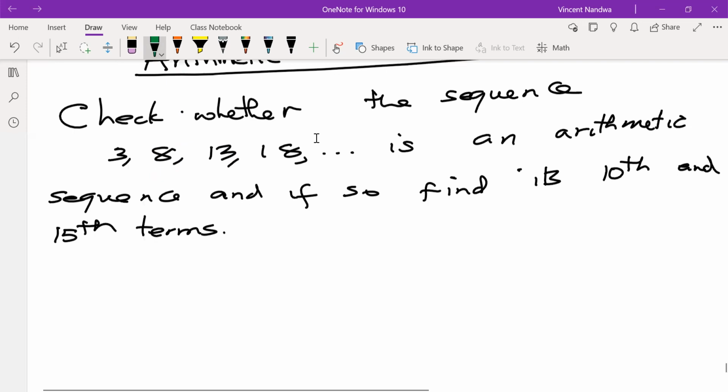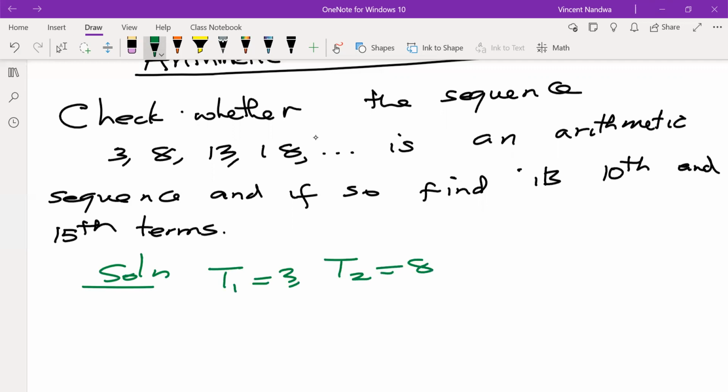Now, to test that a sequence is arithmetic, we simply have to show that the difference between all the consecutive terms is a constant, D. So solution. The first term is 3, second term is 8, third term is 13, fourth term is 18.